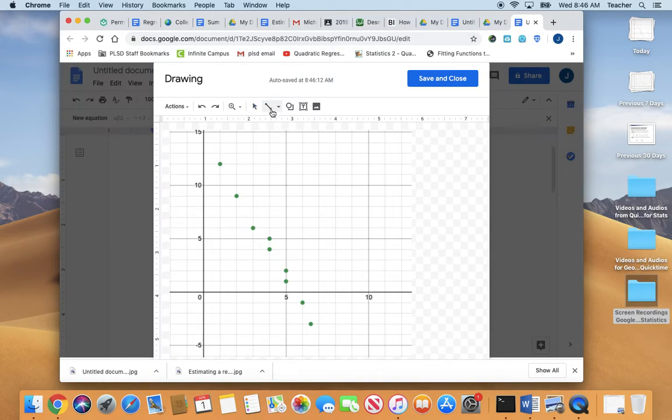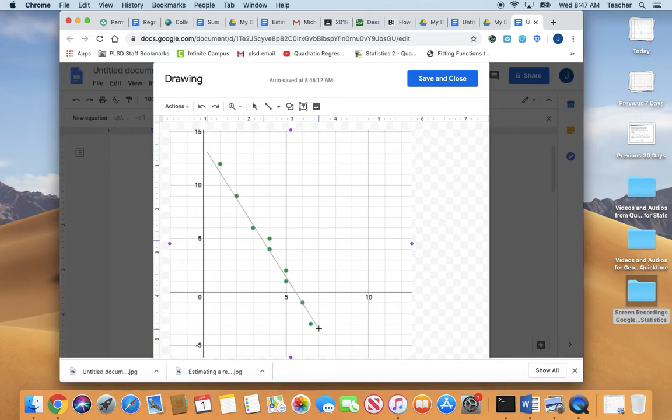To do that, if you look right here in the drawing tool, there's this little drop-down menu, and the first thing says line. So I want to go to line. I'm going to go to the top of my graph here, and insert a line that I think is a good line of best fit.